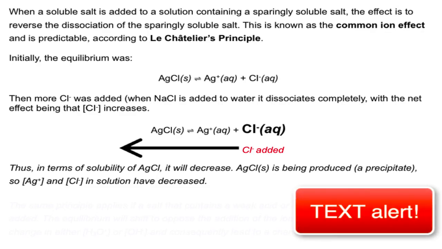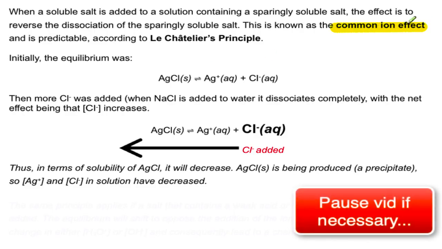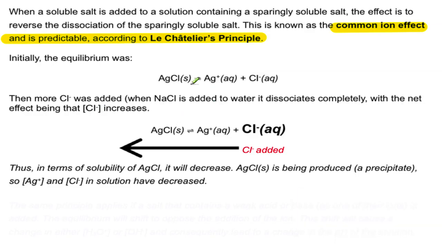So here it is explained a little bit. If you like, you can pause the video and have a bit of a read, but essentially it just goes over the same process we just looked at. Le Chatelier's principle allows us to predict what will happen by stressing our equilibrium. In this case, the stress is an increase in chloride ion concentration.